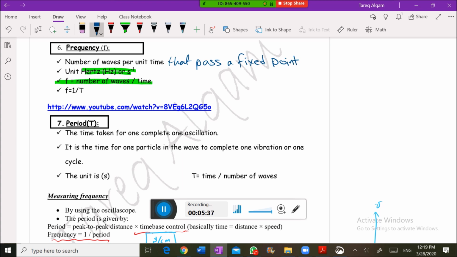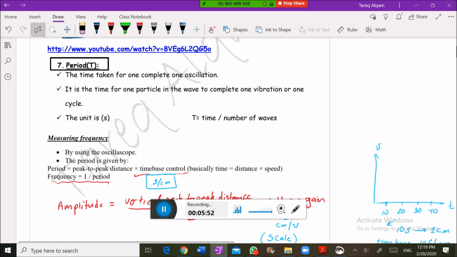Unit: hertz. If I want to find the frequency, I have to divide the number of waves by time. This will be used frequently in the practical external. The frequency is 1 over the period. Period is the time taken for one oscillation.